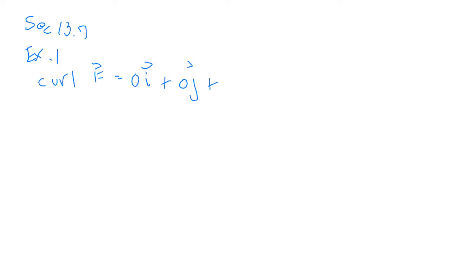So again, we're looking at example 1, section 13.7. Feel free to have your ebook open to that. In this example, the curl of the vector field is equal to 0 i plus 0 j plus (1 plus 2y) k.